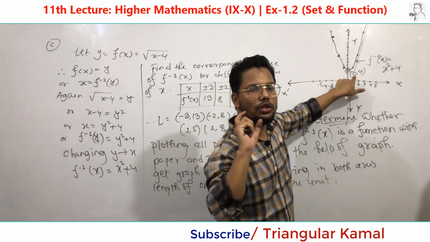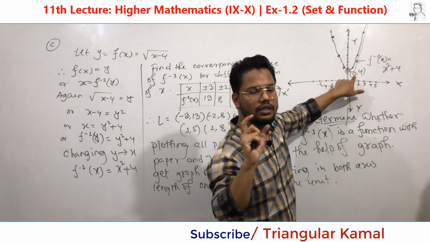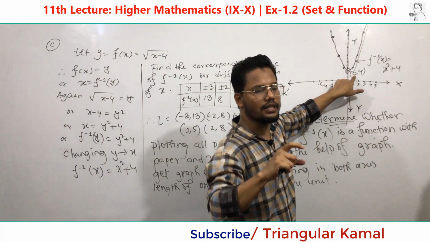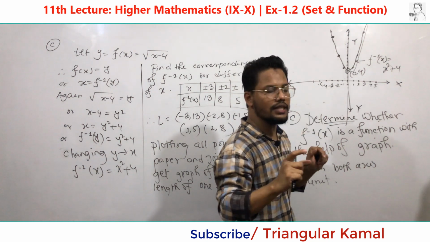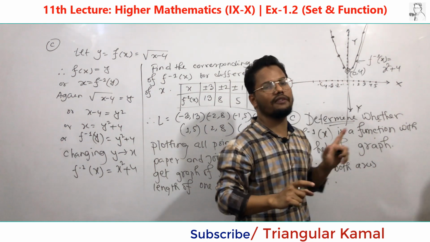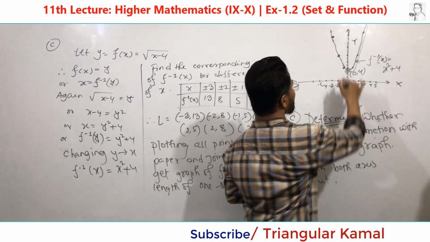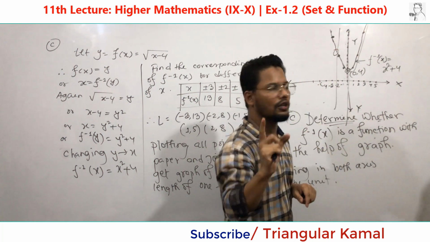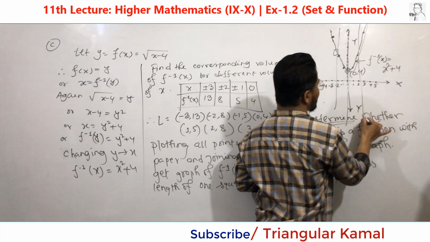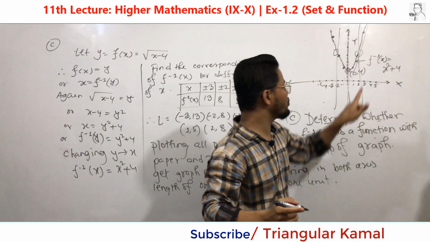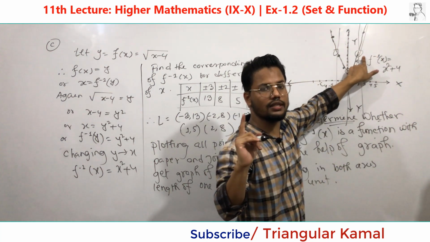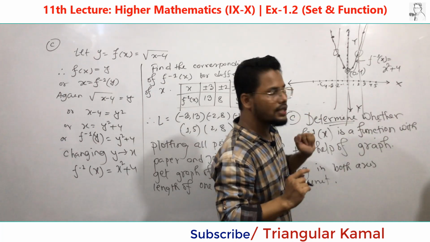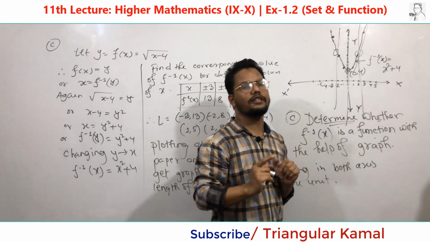So if we get only one intersecting point between the y-axis and the graph or relation, this indicates the graph will be a function. Or if we draw a parallel line to the y-axis, how many intersecting points do we get? Only 1. And if we draw a right side parallel line to the y-axis, we also get a single intersecting point. So this indicates the graph is a function.